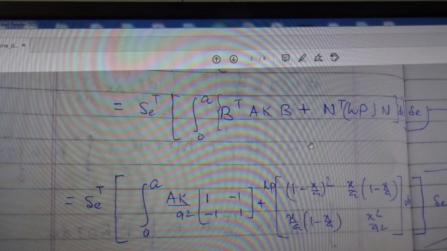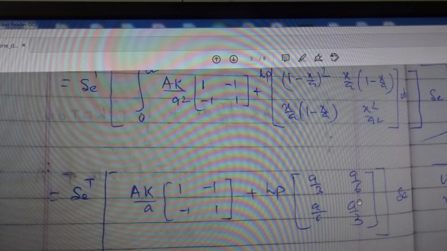When you analyze further, you get A k/L² times [1 -1; -1 1], and you write the N transpose and N, multiply them and integrate. Then you get the final values: δe transpose times A k/L [1 -1; -1 1] plus hP A L times [1/3 1/6; 1/6 1/3] δe.